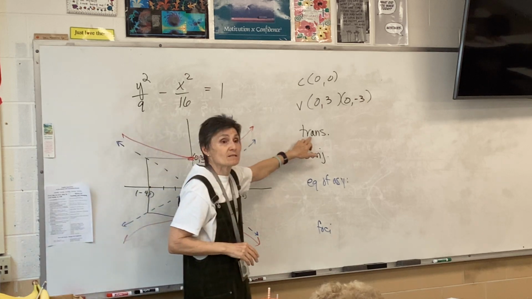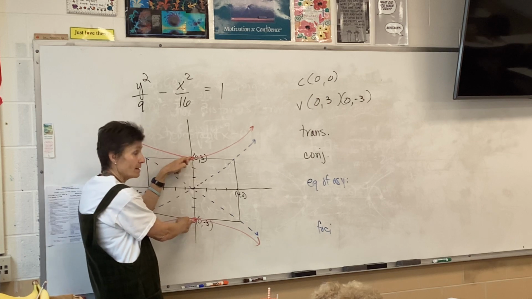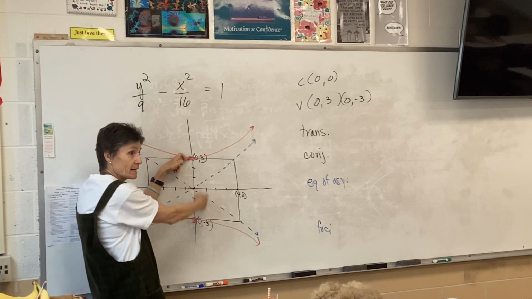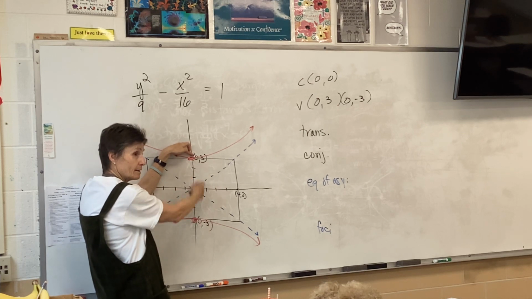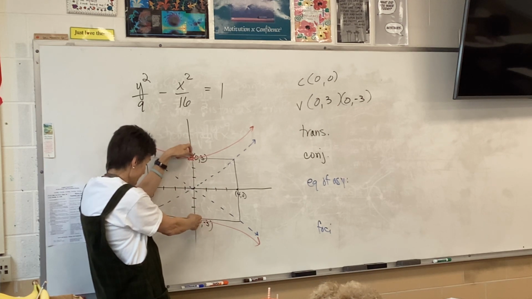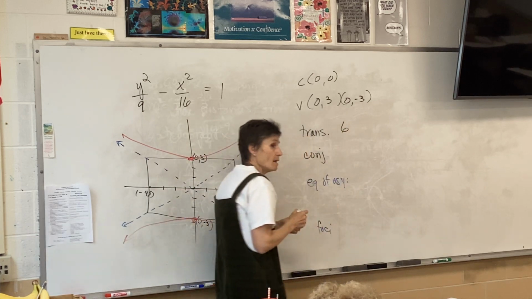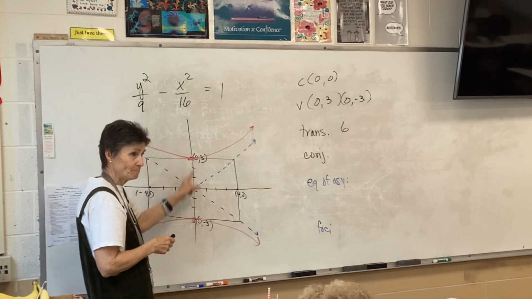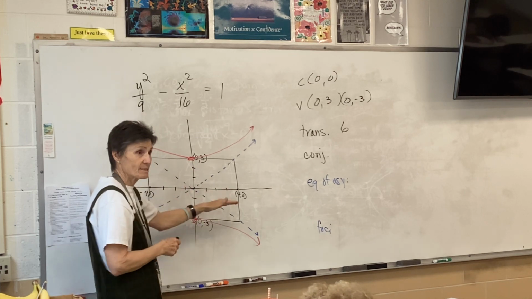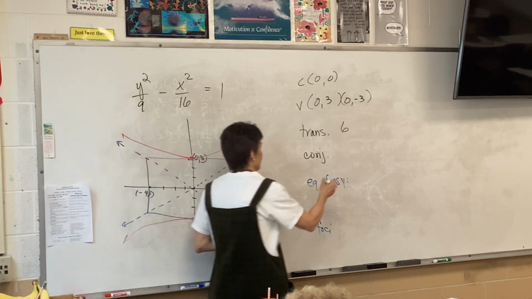So, transverse. Here are the vertices. This is the transverse axis, vertex to vertex. How long is it? 6. So the transverse axis is 6. The other axis, not this one, this one is the conjugate, and it is 8.